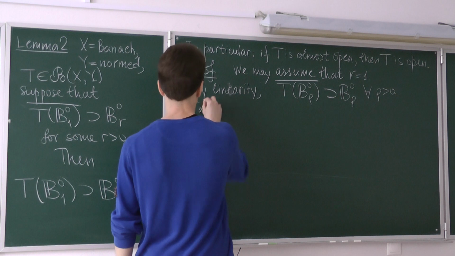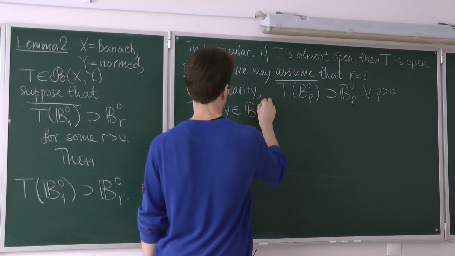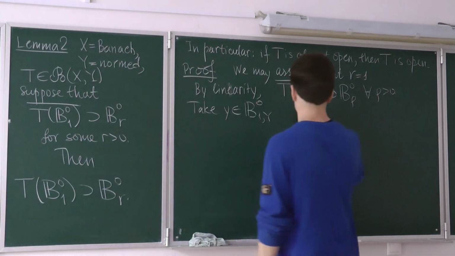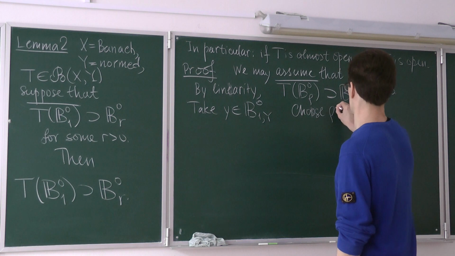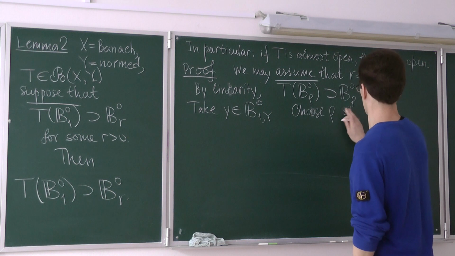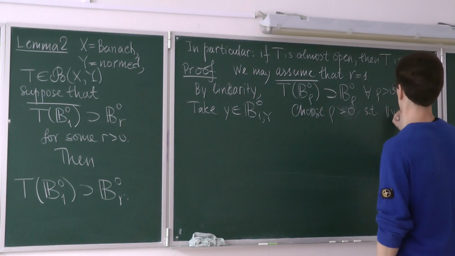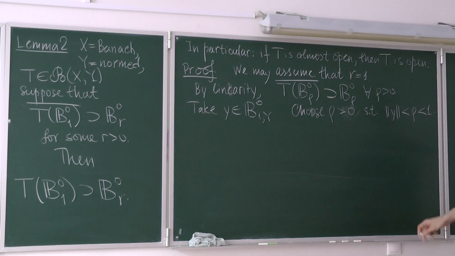So we take an element y in the open unit ball of the space Y. And we choose a positive rho such that the norm of y is less than rho, and rho is less than 1. Since the norm of y is strictly smaller than 1, we can always find such a number rho.